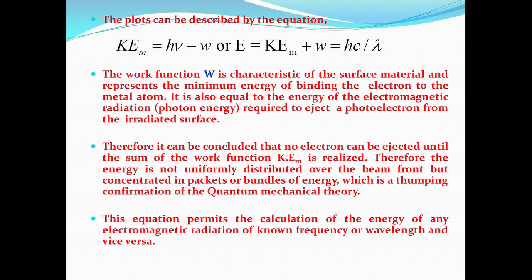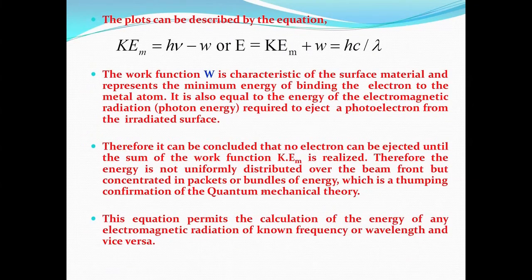So, the work function W, as I was telling you, is characteristic of the surface material, and the work function represents the minimum energy binding the electron to the metal atom. If you provide excess energy, the electron will fly away, and when it is released from the metal, it will fly towards the cathode, and during that process the current will be generated.